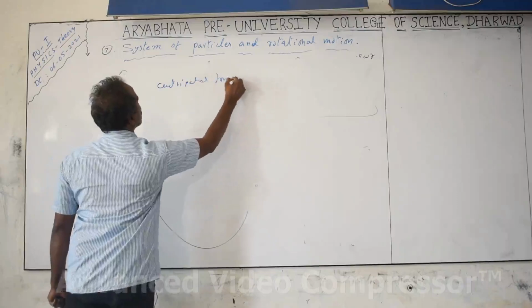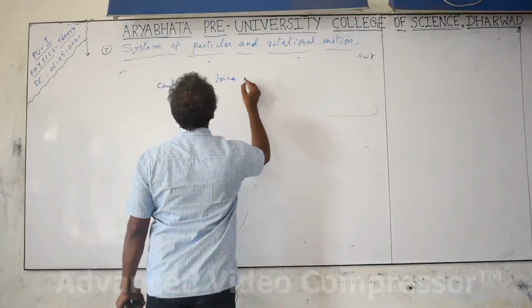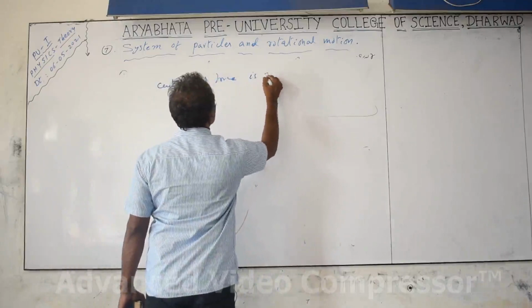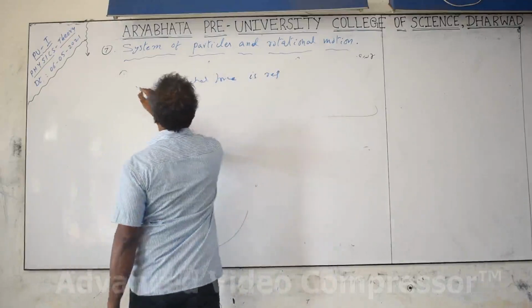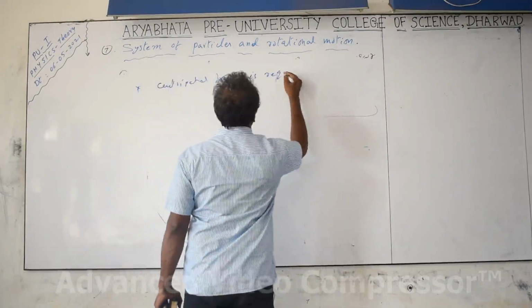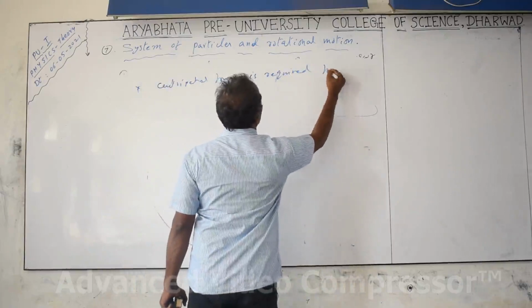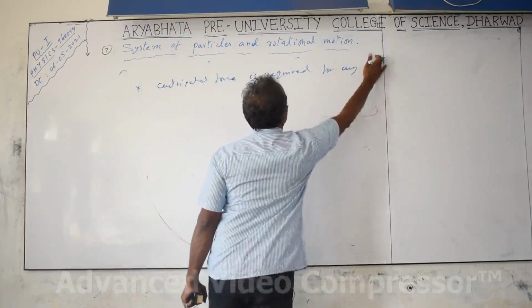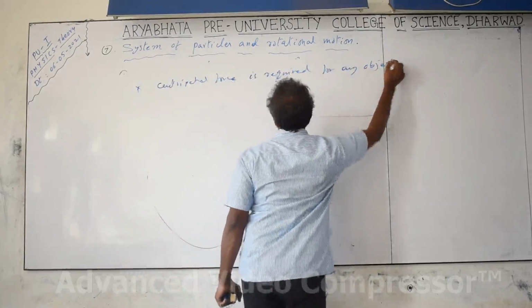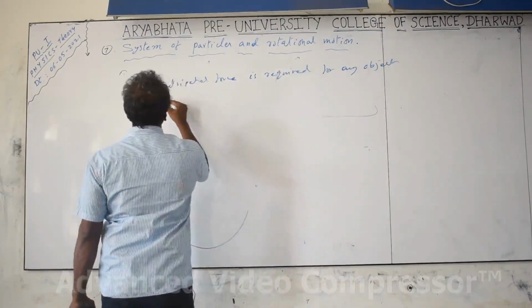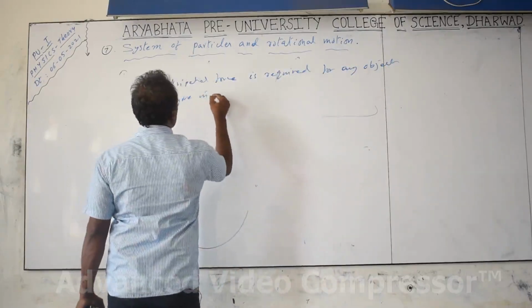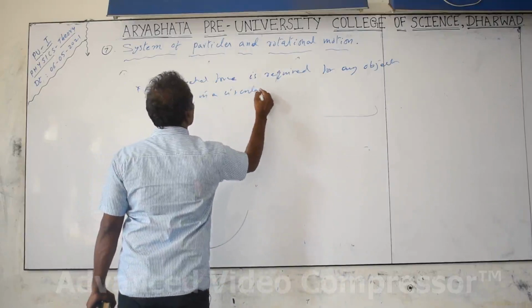Centripetal force is required. This point is important. It is required for any object to move in a circular path.